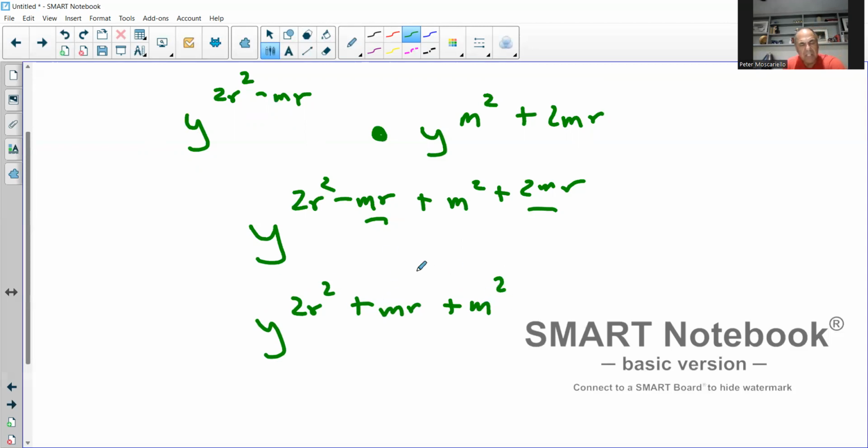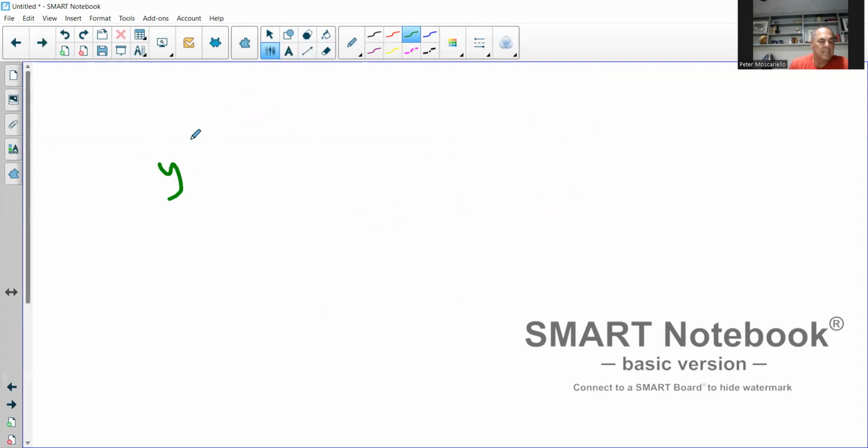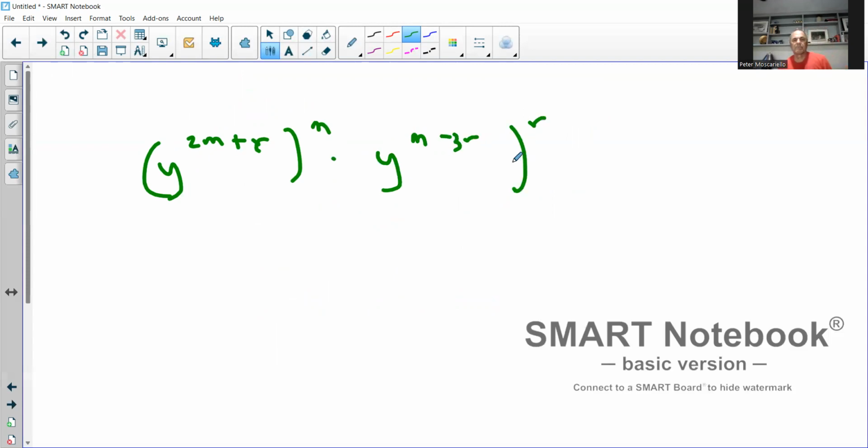Do I factor this or anything? No, just leave it. All right, so try this one, kids. How about y to the 2m plus r, to the m, times y to the m minus 3r, to the r. Parentheses, okay.